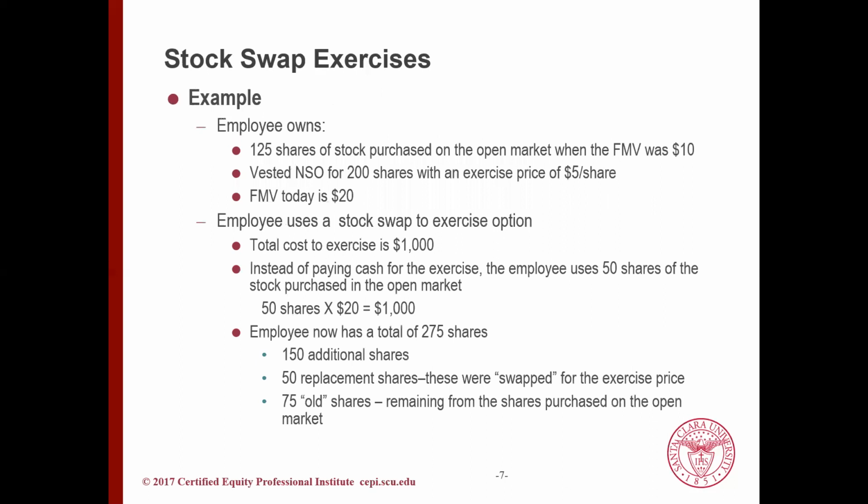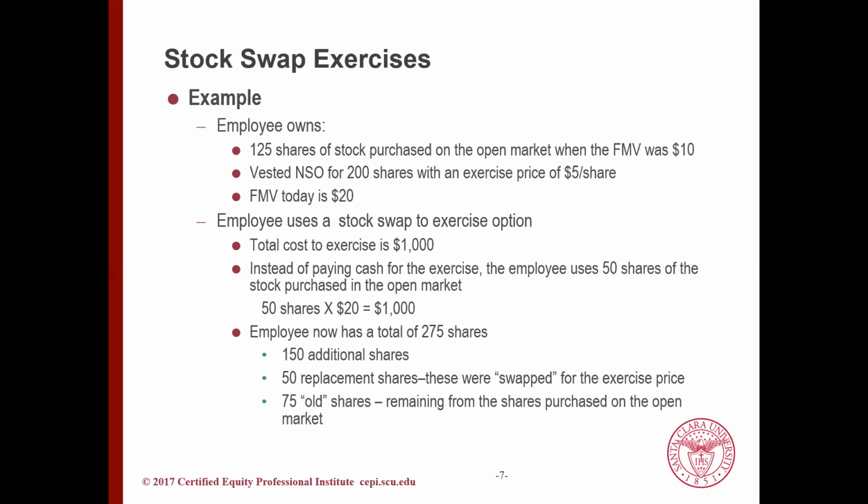Now let's look at another example. This employee owns 125 shares that he purchased on the open market for $10 a share. He has a vested non-qualified stock option for 200 shares with an exercise price of $5 per share. The fair market value today is $20 per share. Basically, this employee needs to swap in 50 shares to cover the $1,000 exercise price of the 200 stock options the person wants to exercise.